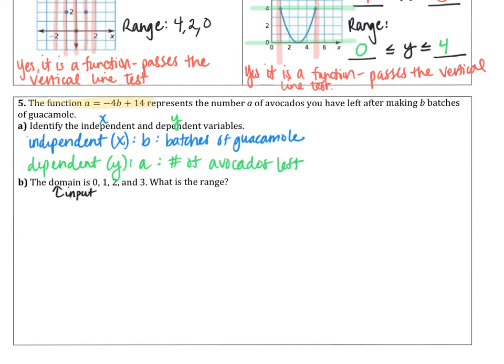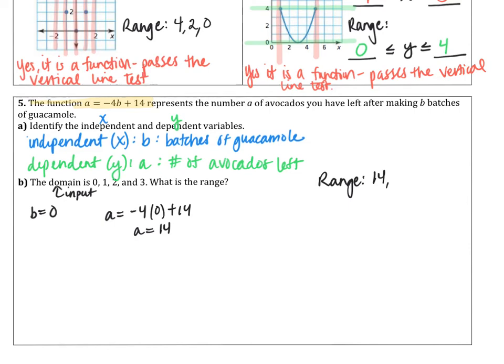If I have an input of B equaling 0, then I can input it for B: -4 times 0 plus 14, and I would get that A equals 14. So while my domain is already listed here for me, now I've got one value for my range, 14. I've got a couple more to find.